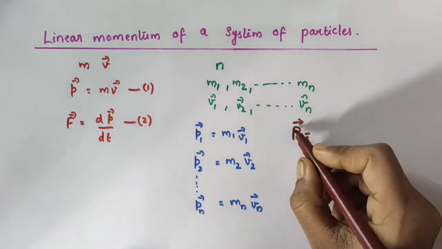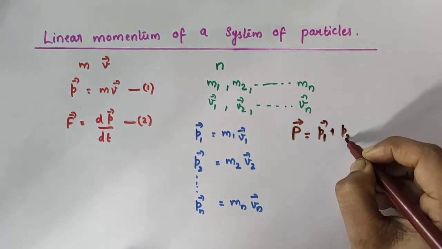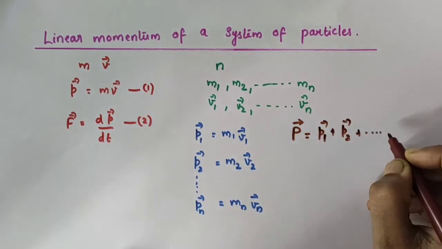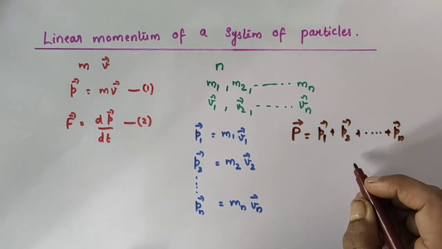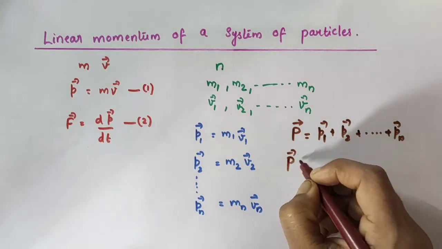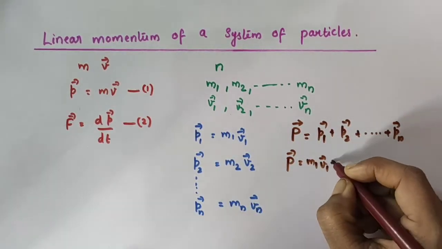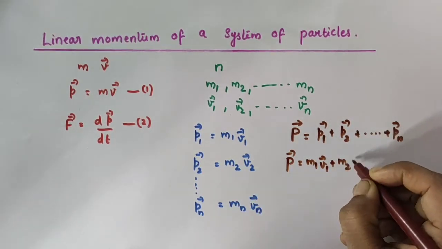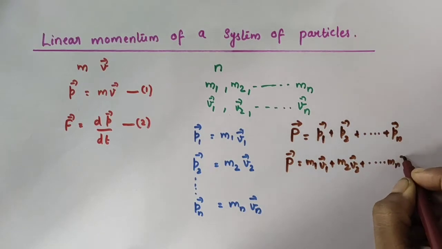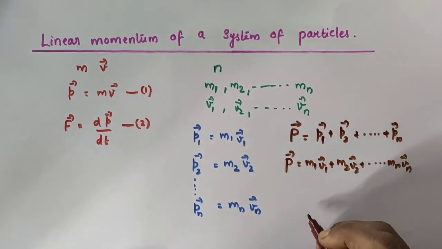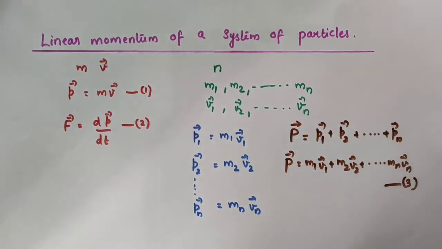That is, total linear momentum vector P is equal to vector p1 plus vector p2 plus vector p3 plus etc. plus vector pn. So we can write vector P is equal to m1 into vector v1 plus m2 into vector v2 plus etc. plus mn into vector vn. I am taking this as equation number 3.